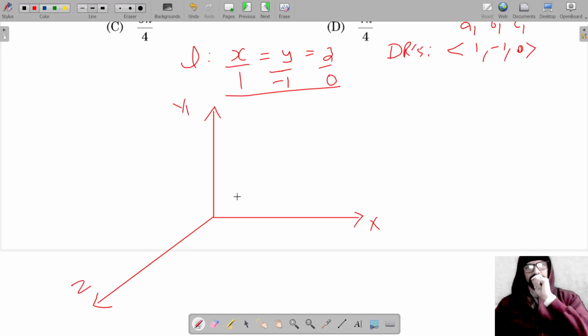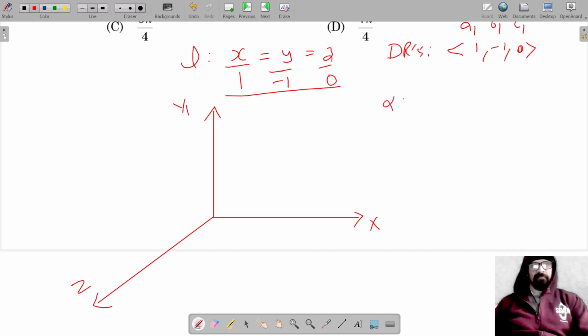Now this y-axis makes an angle with x-axis.